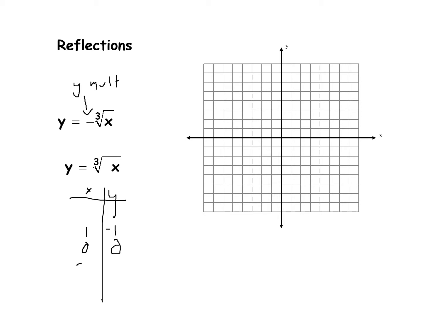Or if I put in a -1, I'll get out a +1. Or I could put in a +8 and I'll get out a -2. Or I could put in a -8 and I'm going to get out a +2. So I'll start at 0, 0. I'll get 1, -1. I'll get 8, -2. -1, 1. -8, 2.